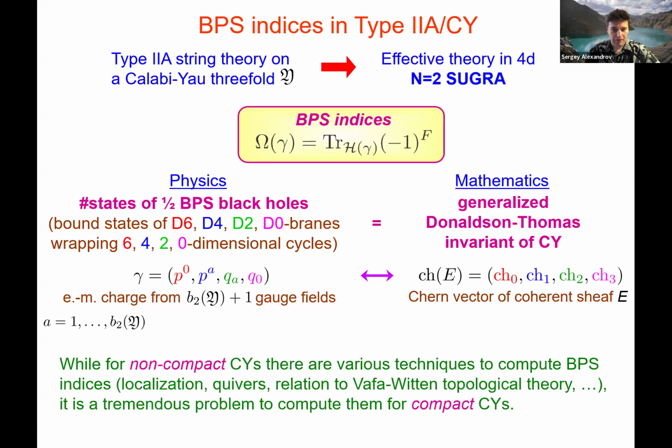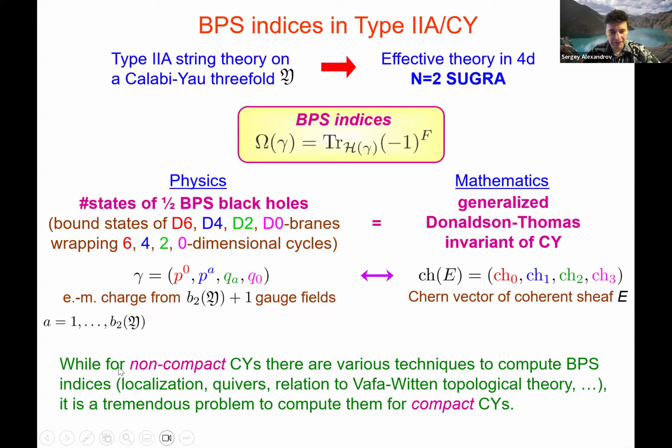And it is a big problem to compute these BPS indices. If we consider a limit of non-compact Calabi-Yaus, essentially we reduce from supergravity to supersymmetric gauge theories. Then there are many techniques which in principle allow one to compute this BPS index, like localization, using quivers, or some relations to topological theories.